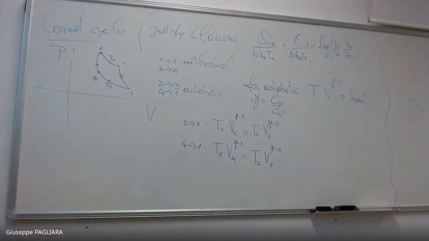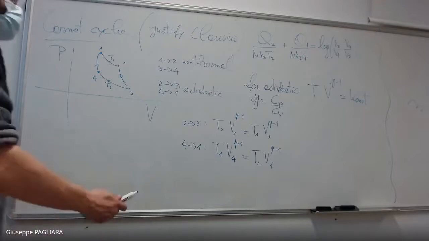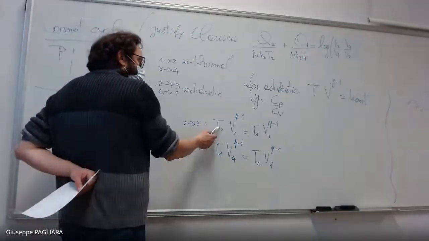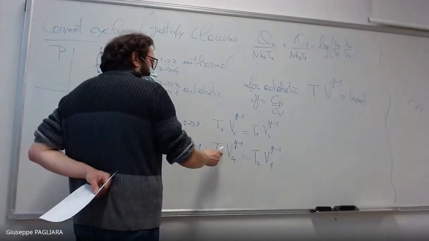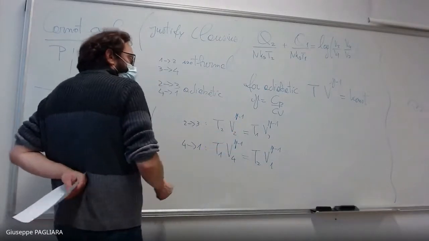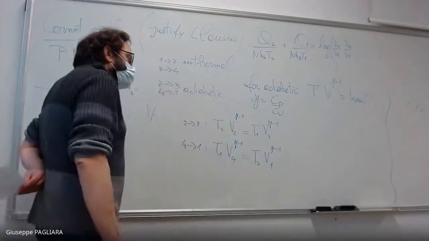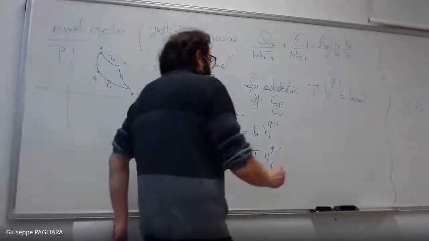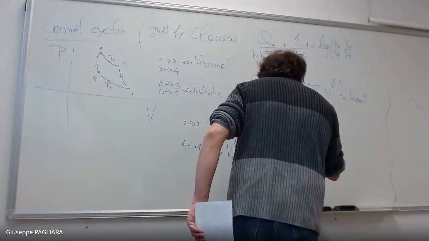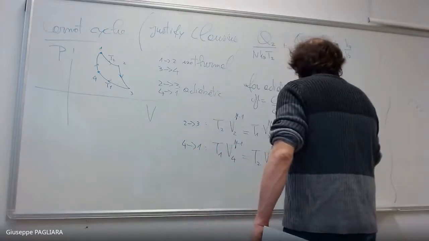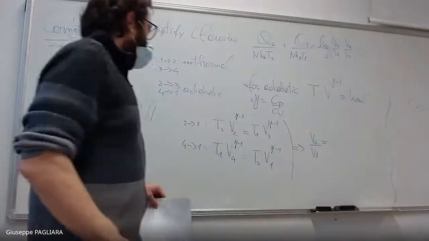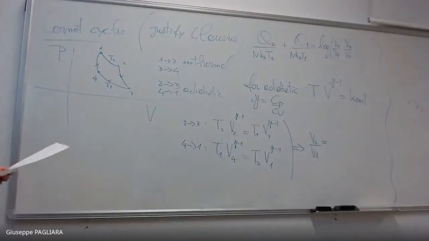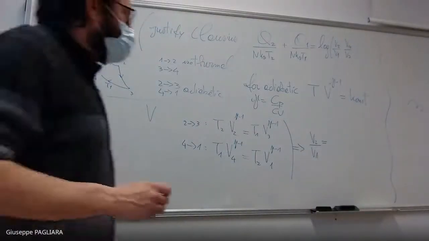Now I can play a little bit. For instance, I can divide this side by this side, so I can remove T2, I can remove T1, and then by combining these two equations I get that V2 divided by V1 must be equal to V3 divided by V4.